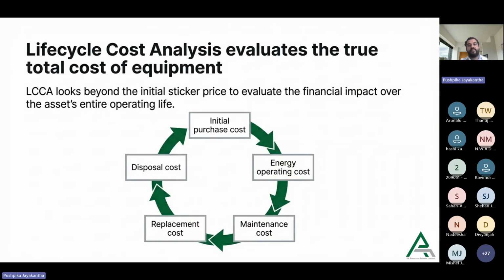And then the next one, the life cycle cost analysis evaluation method. Here we have to consider the total life cycle, the total stages of the equipment. So instead of only the purchase, we have to consider other stages also. For example, energy operating cost, maintenance cost, replacement cost, disposal cost. So we have to consider the lifetime cost.